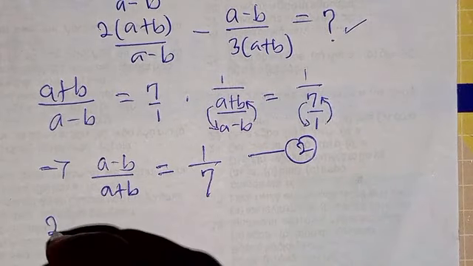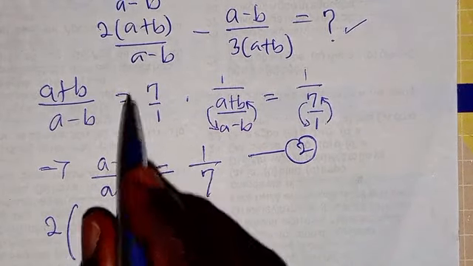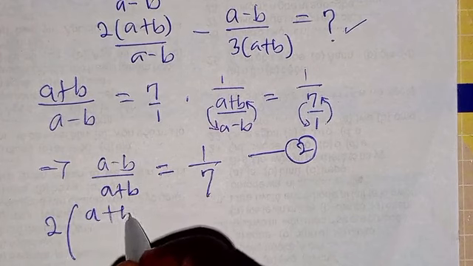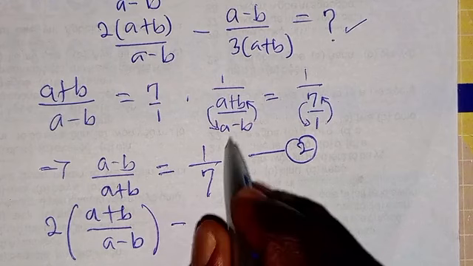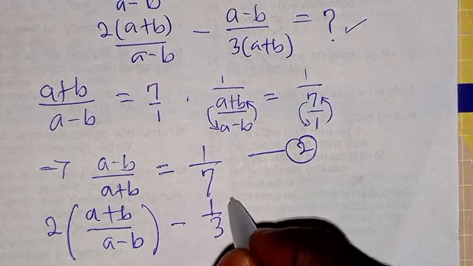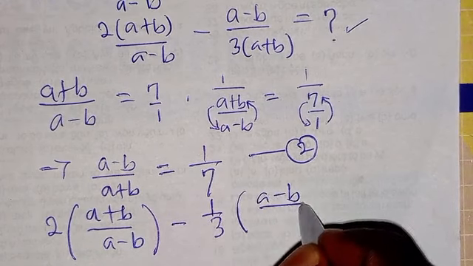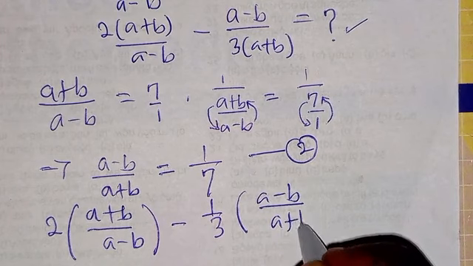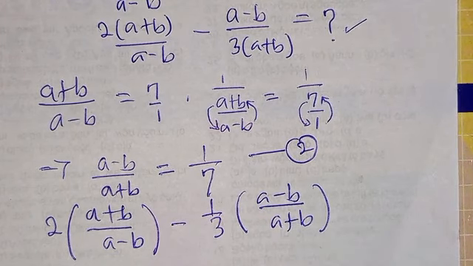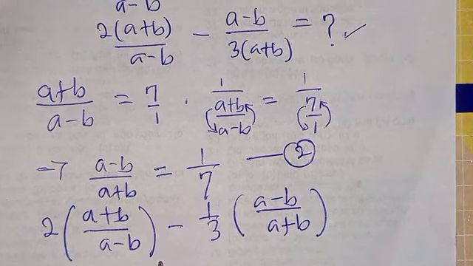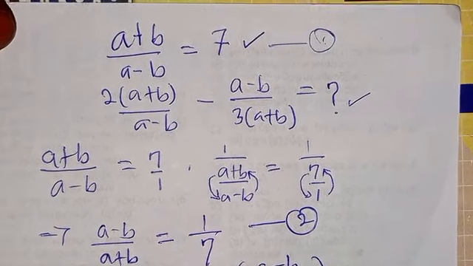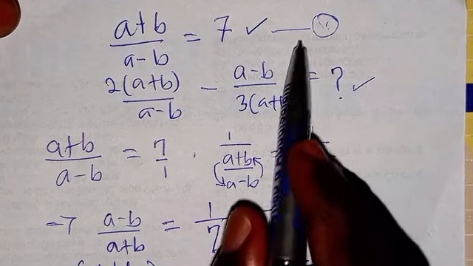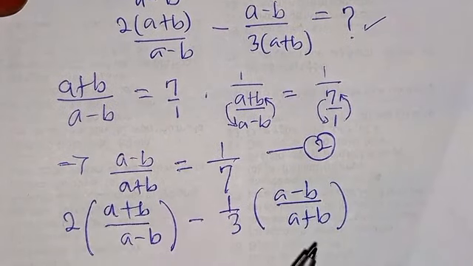So here, now let's go to this place. We have 2 into bracket, we can write this as (a + b)/(a - b), then minus 1 over 3 into bracket (a - b)/(a + b), right? Now we can see that (a + b)/(a - b) is what we have up here, which is equation 1, the same thing as 7.